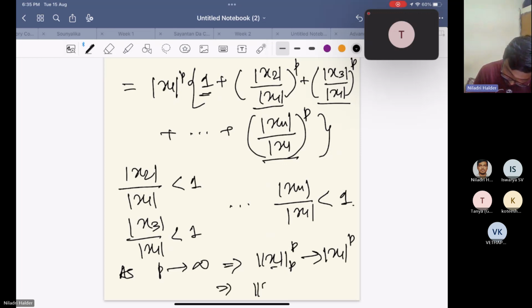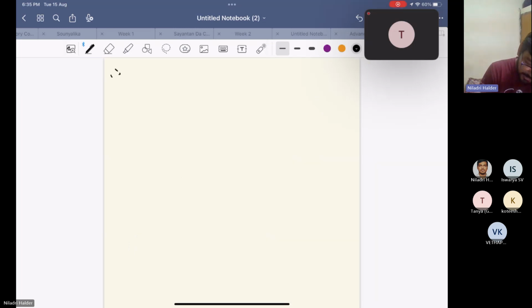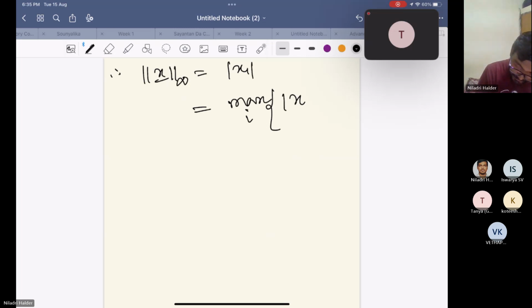That means the norm of p will be the same as the norm of x1. So we can write that the infinite norm will be mod of x1, that is max over i of mod of xi. This is the proof of the infinite norm.